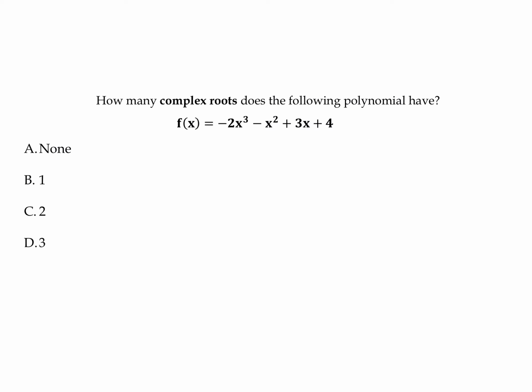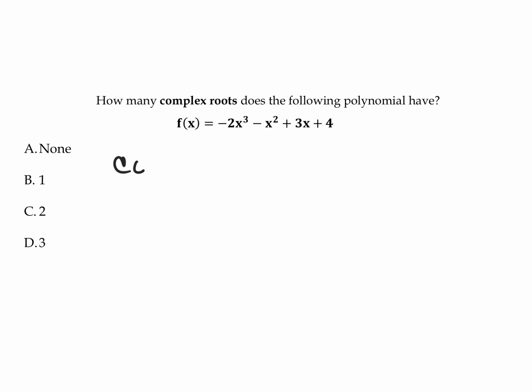The terminology in this one, in bold, says how many complex roots. For some reason, when we think of complex roots, we think of imaginary roots, but that's not the case.